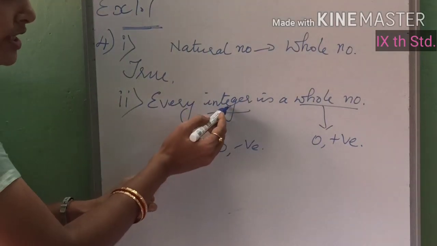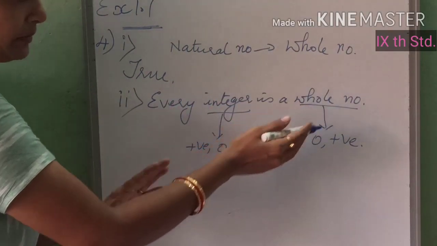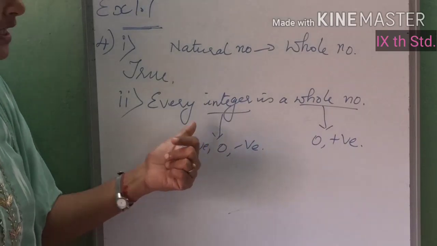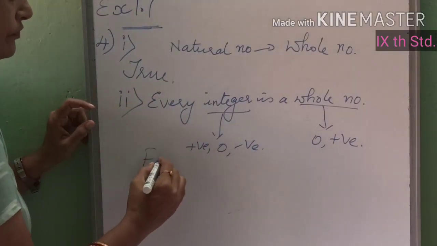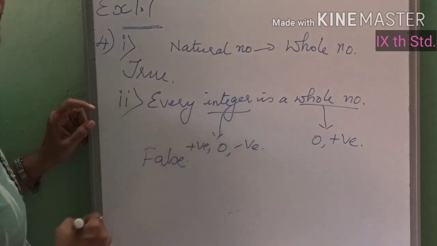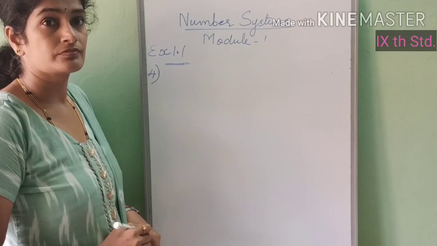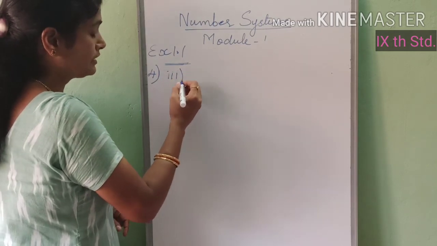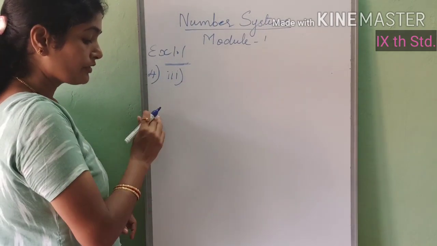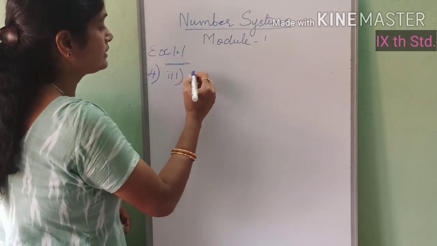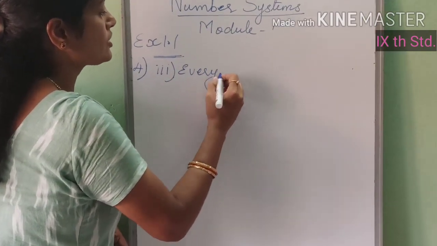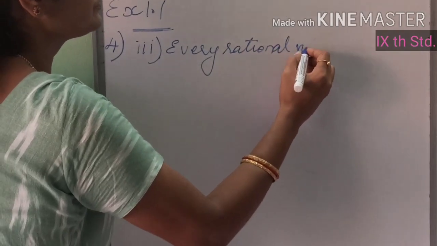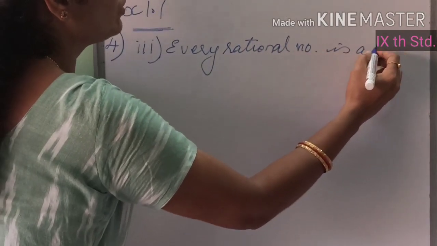So integers are a bigger set than whole numbers. That means in whole numbers we do not get any negative numbers. Therefore the statement is false. Moving to the fourth question, third part. Every rational number is a whole number.